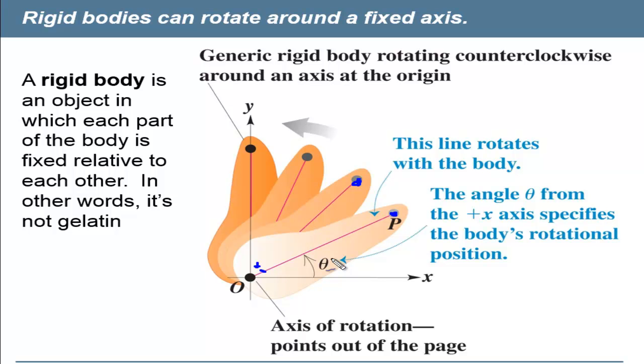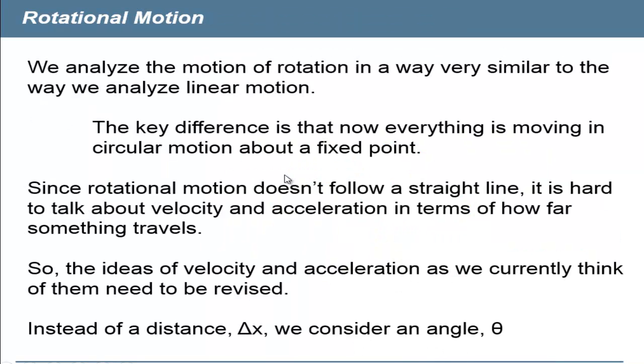So it becomes a little bit difficult to talk about the distance something travels because the distance is different depending on where we are on the object. So instead of defining our quantities in terms of absolute distance, we'll revise them so that our quantities are now given in terms of an angle.